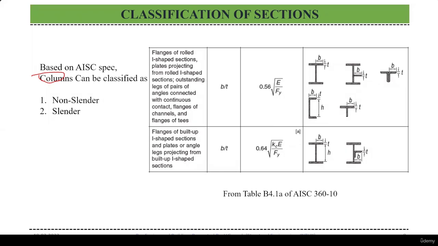If the B by T value is less than this lambda value, you can decide it as a non-slender section. If it is more, you can decide it as a slender section. These are for hot rolled I sections, and these are for built up I sections. I have told you what is meant by a hot rolled and what is meant by a built up section.